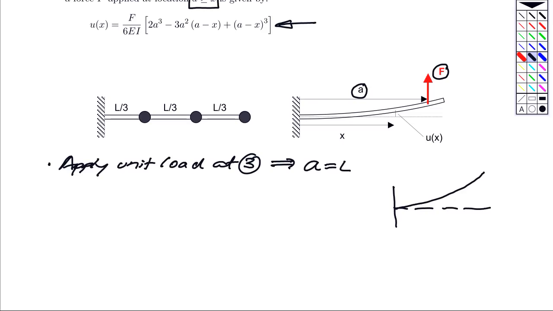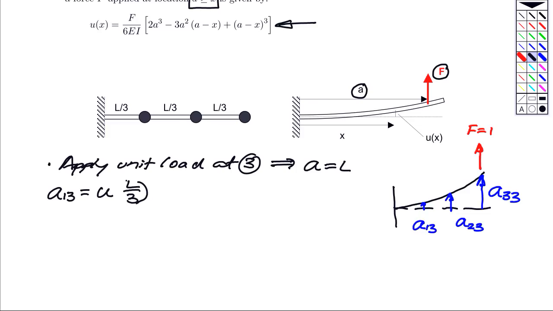So with this applied force F of unit magnitude, the deflection under that load is what we're going to be calling A33. The deflection at 2, due to the load at 3, is there, and the deflection at 1, due to the load at 3, would be that deflection of A13. Using that equation, A13 with A equal to L is equal to U at L over 3, like this.